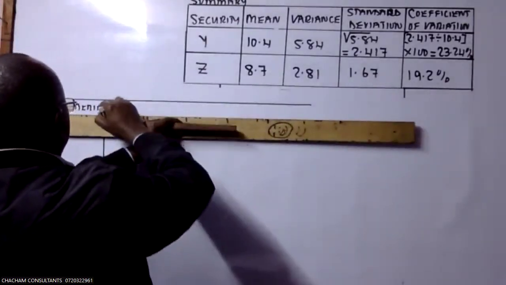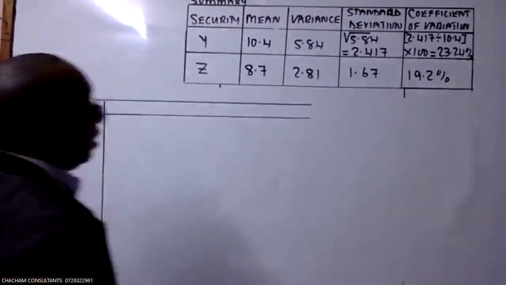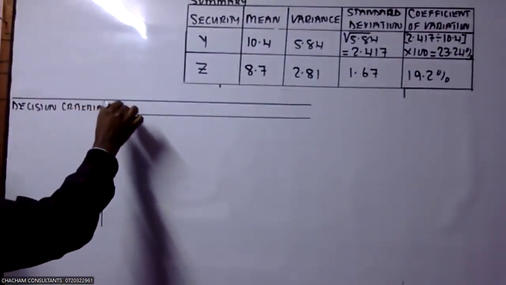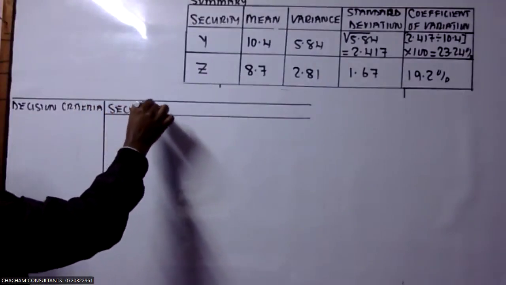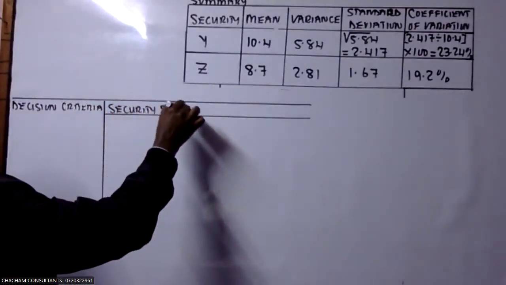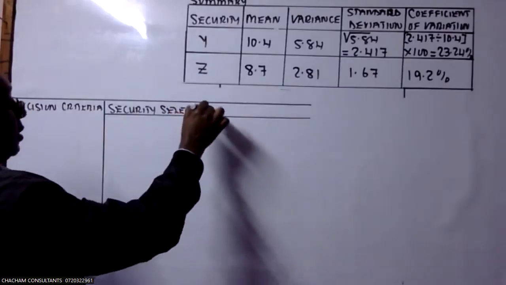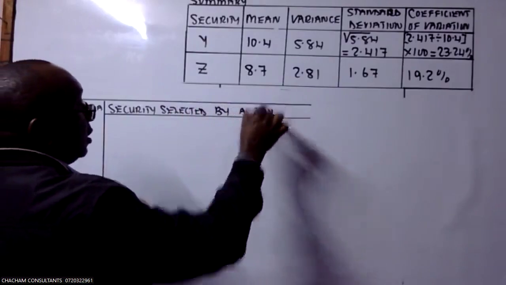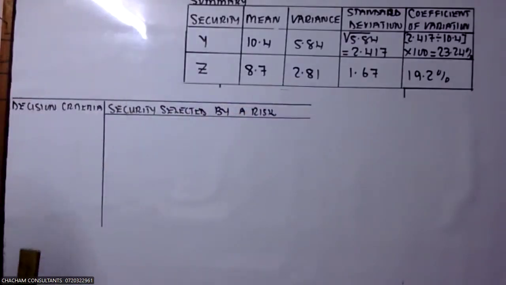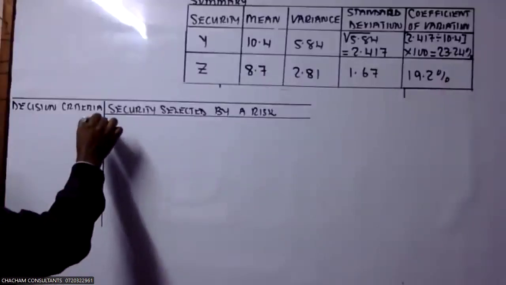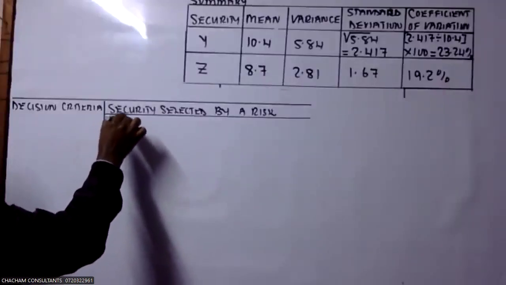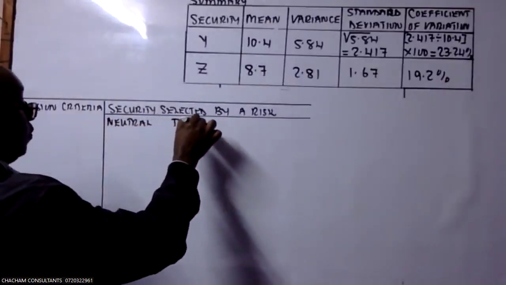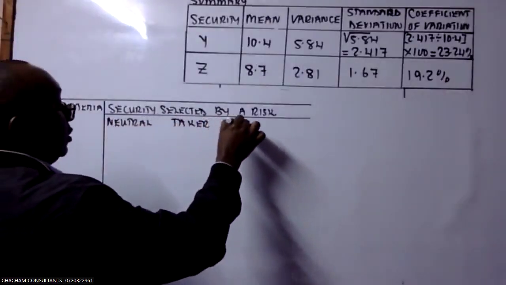And then we have security selected by a risk neutral, risk taker, and risk averse.